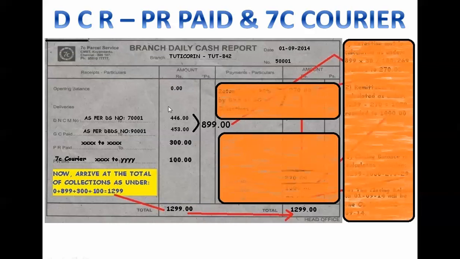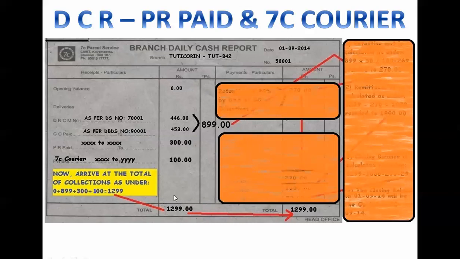So if you see the collection calculation process, arrive at the total, zero balance, you have to take the total, here it is 0, so it will be written as 0, plus the GC collections 899, shown here, PR collections 300, shown here, and 7C courier booking shown here 100, totaling to 1299.